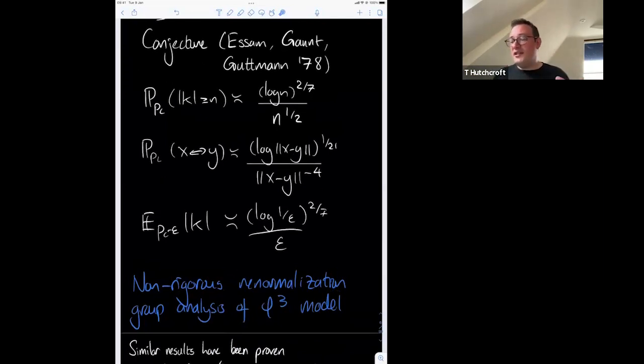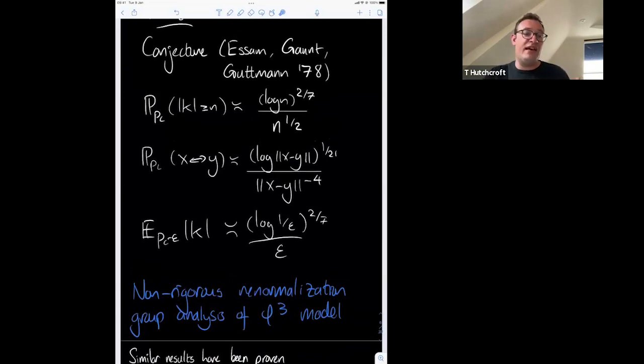In particular, the way this Essam, Gaunt, Gutman paper works is they work with what's called the phi-3 model. This is expected to have the same critical behavior as percolation, but there's no exact mapping between the two models. I should contrast this with weakly self-avoiding walk, where there is an exact relationship at the discrete level with a certain supersymmetric version of the phi-4 model.